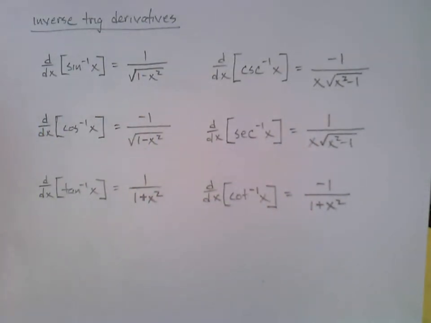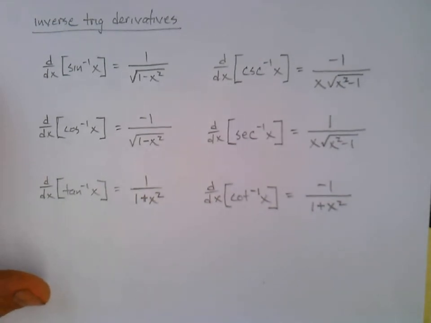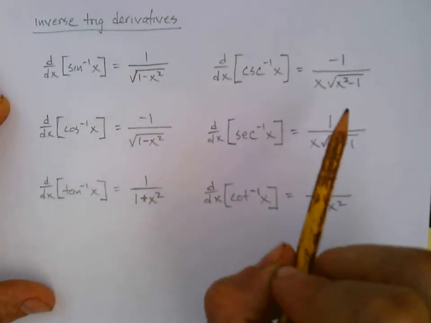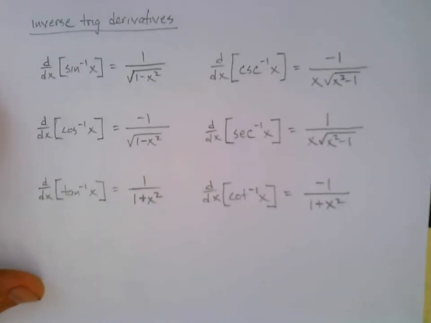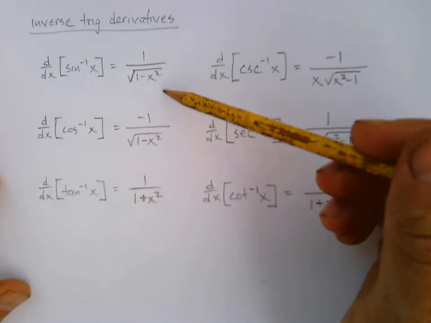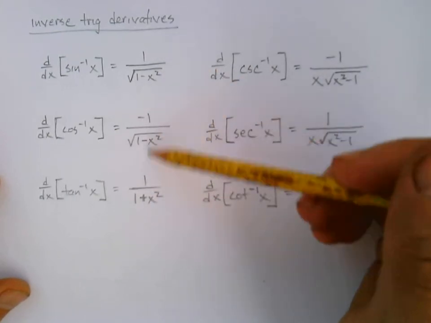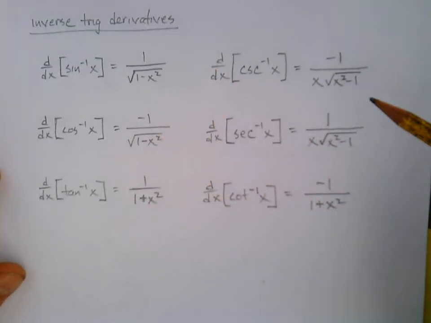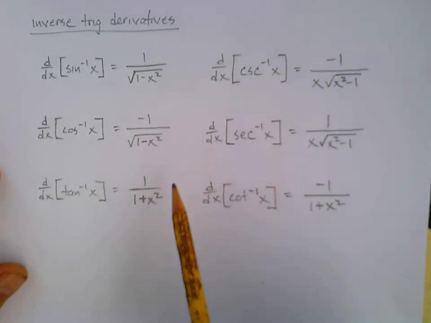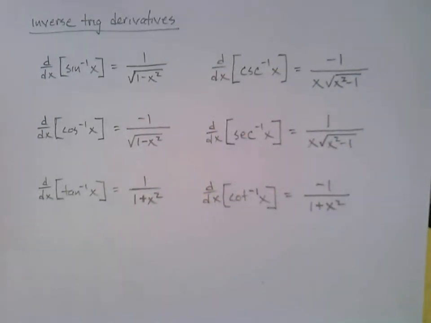I'm talking about this class, but I'm also talking about Calc 2, Calc 3. These come up way more than these do. So be absolutely sure you have these memorized. But these aren't too bad once you know those, right? You just switch the thing and okay, there's an x and then that's just a negative. I mean, that's all right.